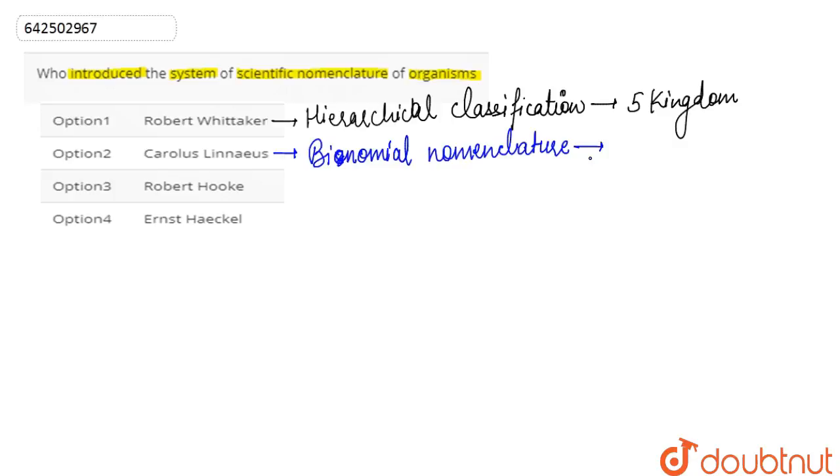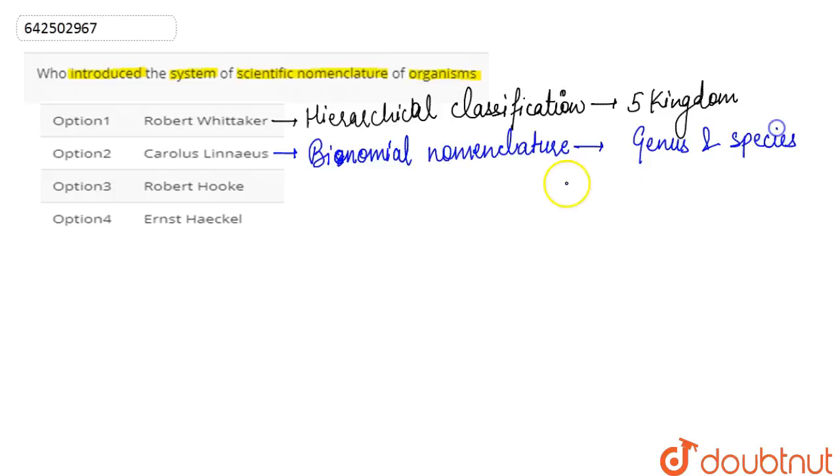He gave this binomial system of nomenclature. In this system, he said that each organism has two Latin names, one for its genus and the other for its species.